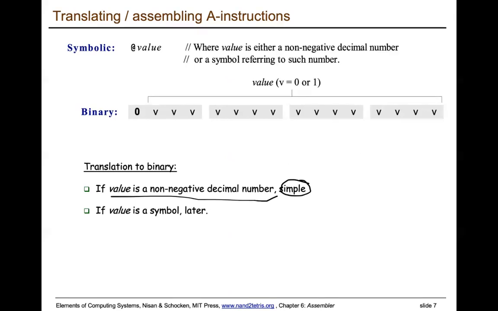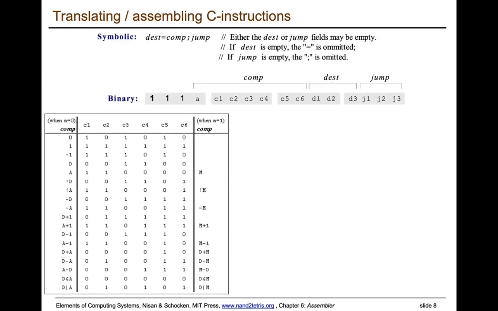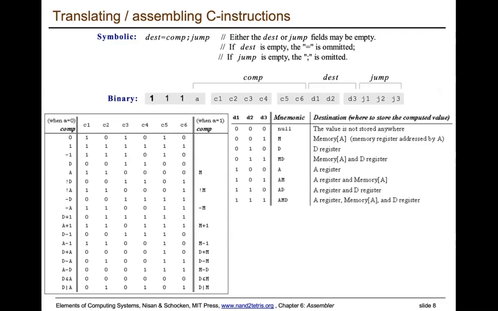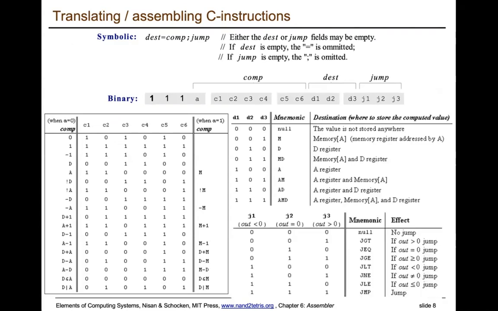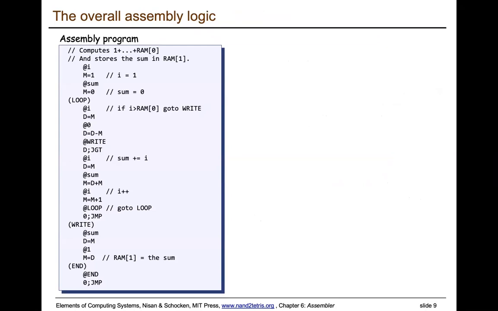You just convert to the binary representation. If the value is a symbol, we will do it later. The C instruction is also quite easy because there's no symbol anymore. You just do a table lookup. So the translation is simple.